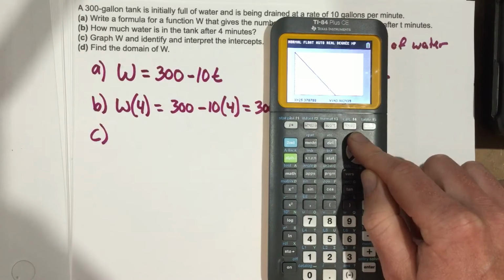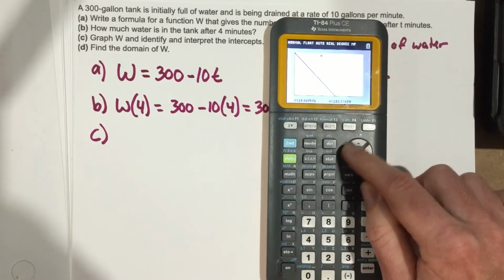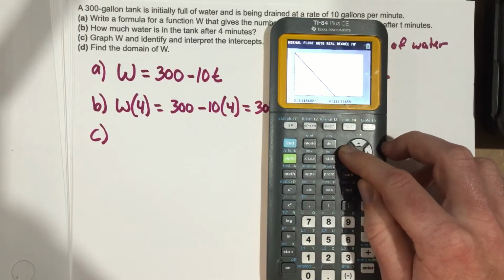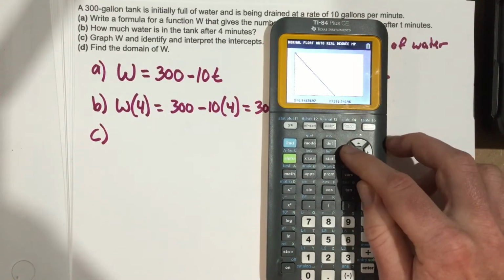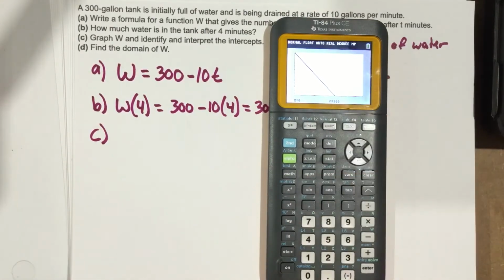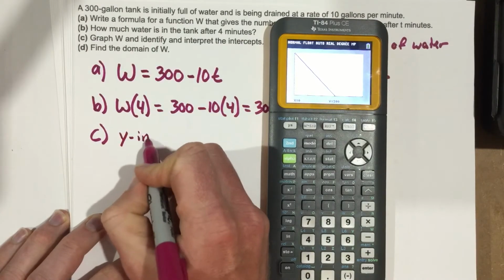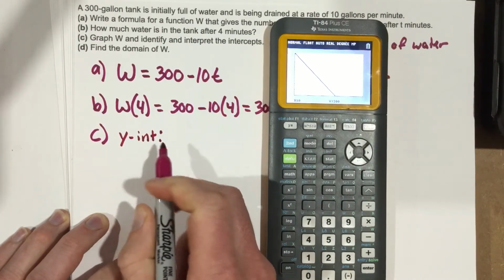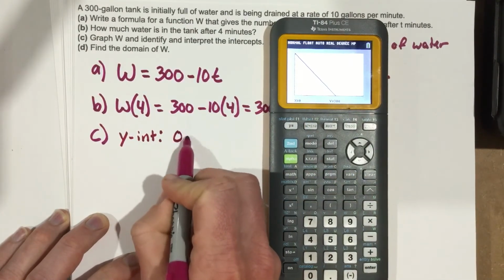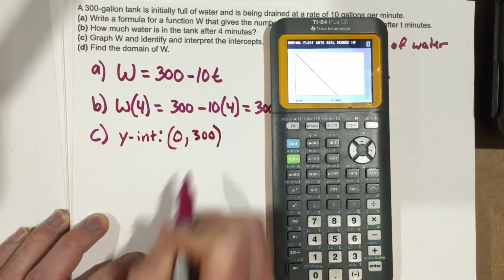So if we scroll up far enough, we get to the intercept, which is x equals 0 and 300. So this would be the y-intercept. So our y-intercept, let's go ahead and write that down, is 0, 300. What does the y-intercept stand for?